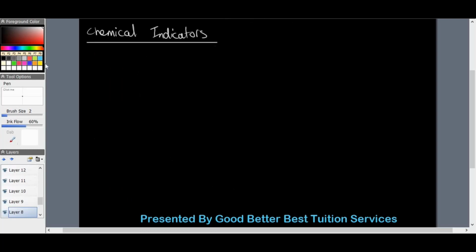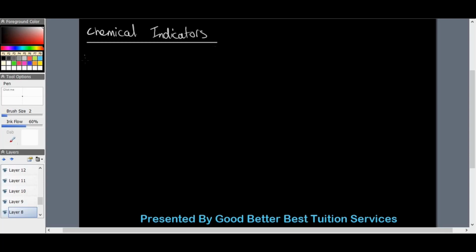Okay. All right. Chemical indicators. Basically, chemical indicators, as I mentioned at the beginning, are used to show us whether a substance is an acid, base, or a neutral substance.